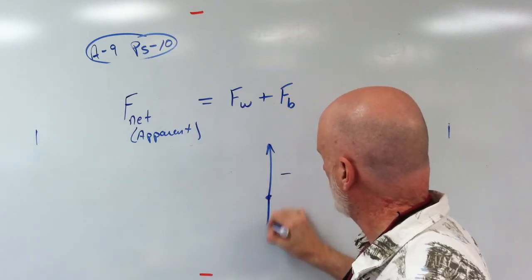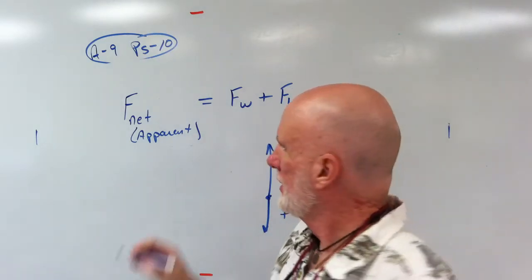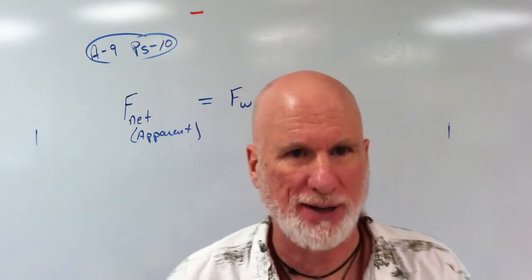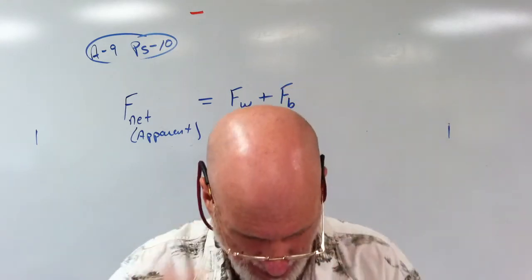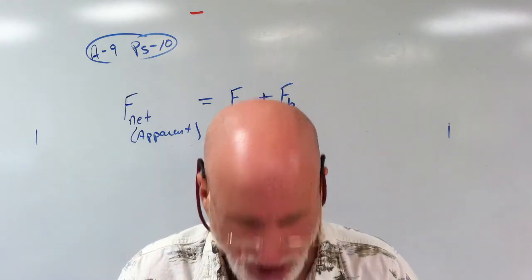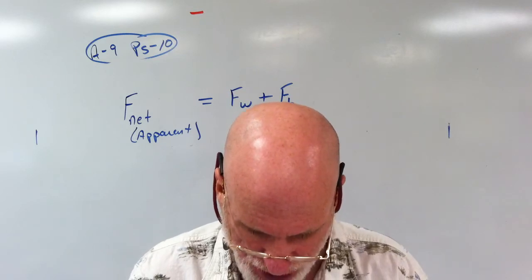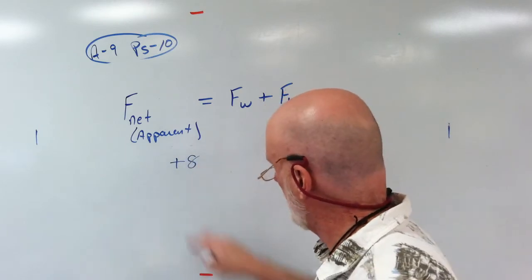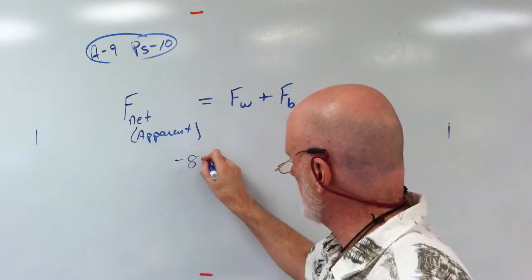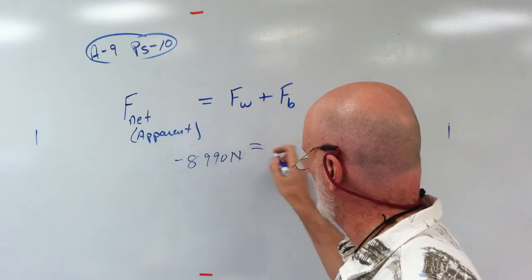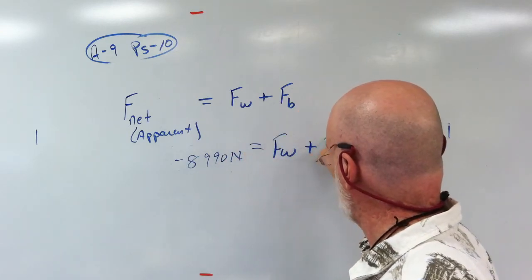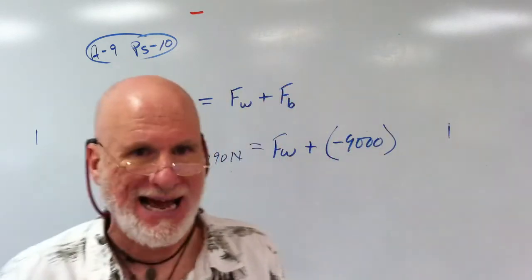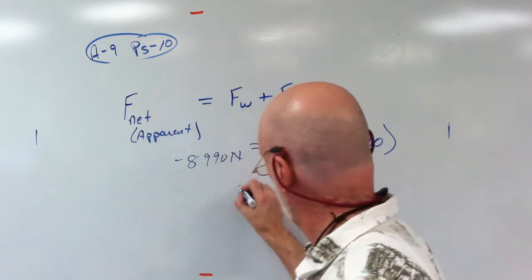Up is negative, down is positive. So we're given in the problem that when Nicole lets go of the inner tube, it pops up to the surface with a force of 8,990. So it's minus 8,990 newtons equals FW plus negative 9,000. Add 9,000 to both sides, you get positive 10 newtons.